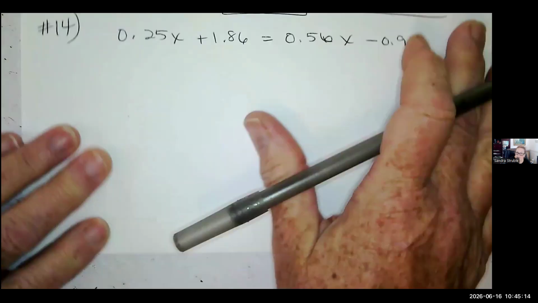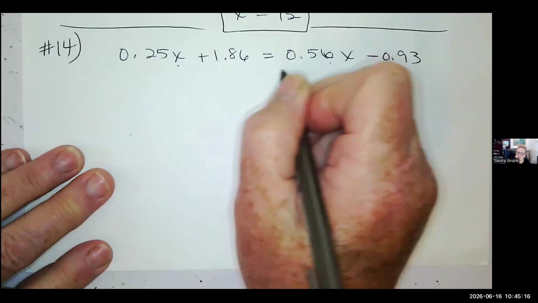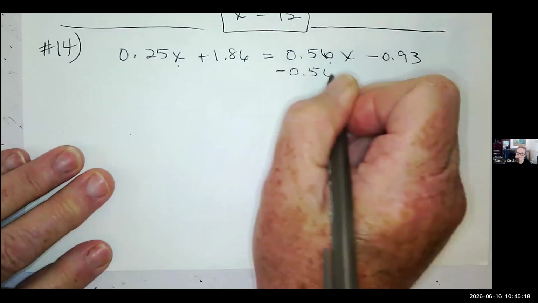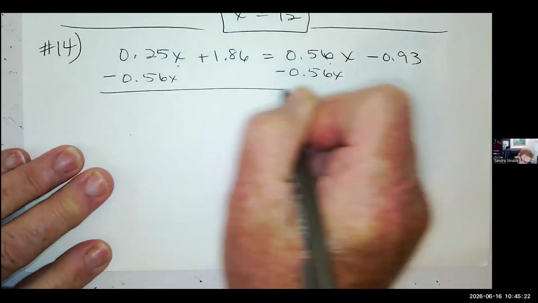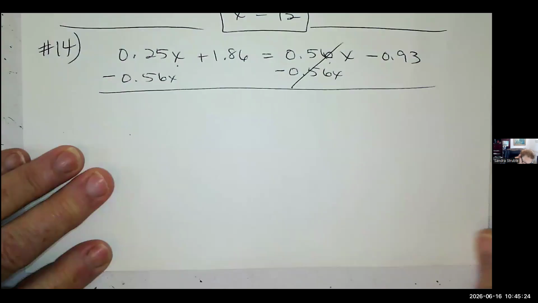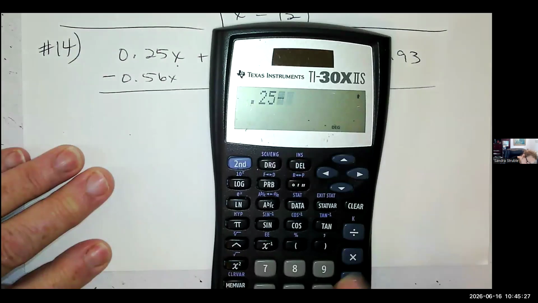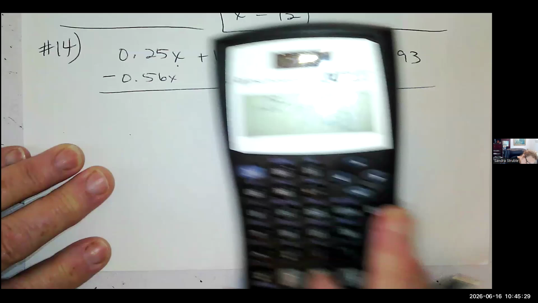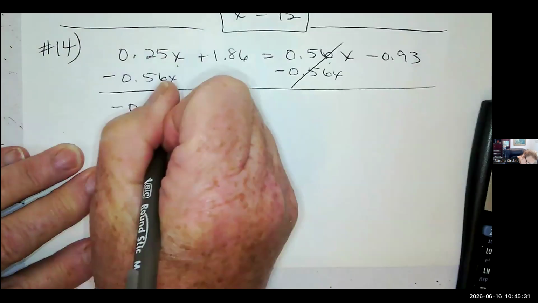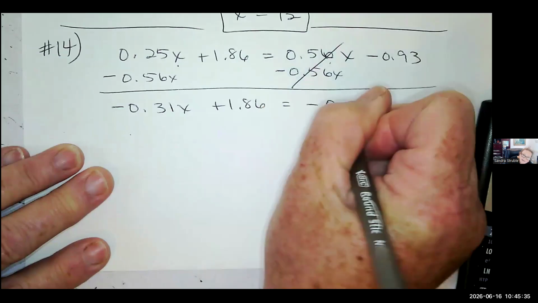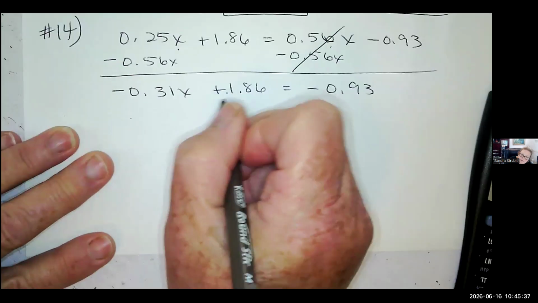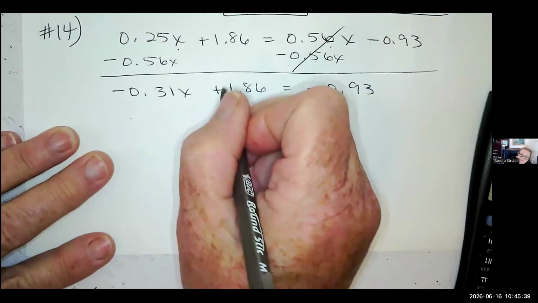I'm going to subtract 0.56x from both sides. Gone. 0.25 minus 0.56 is negative 0.31x. I need to remove the 1.86 to the other side. It's currently positive, so I need to subtract it from both sides.